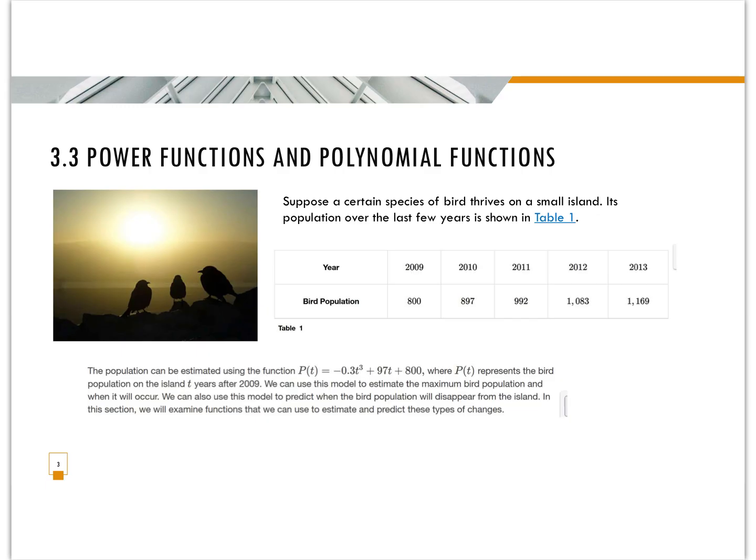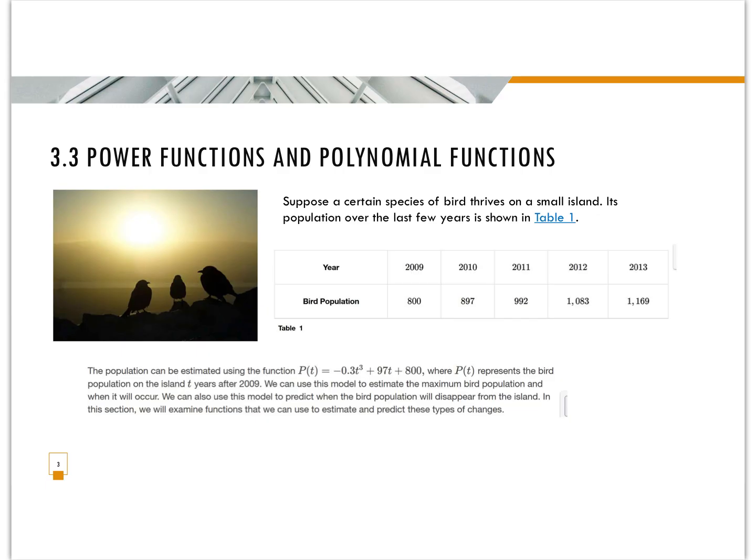All right. The first part of the lesson starts out with looking at a table of data. You can see that the x values are years and the y values are the population of birds. It starts out by saying, suppose that a certain species of bird thrives on a small island. The population over the last few years is shown.